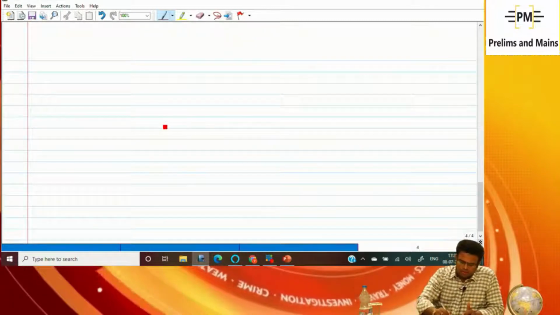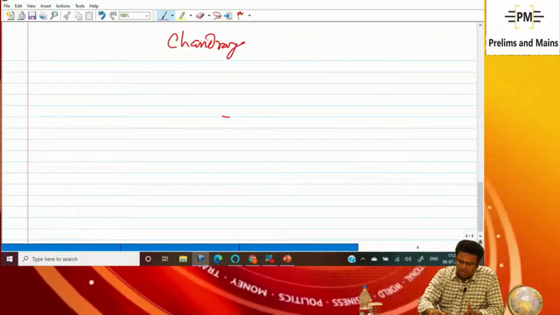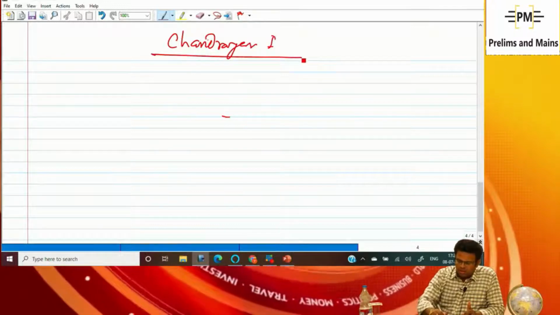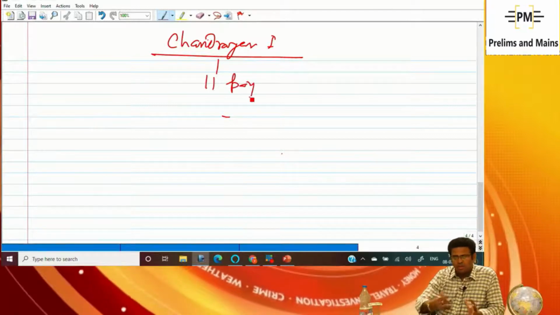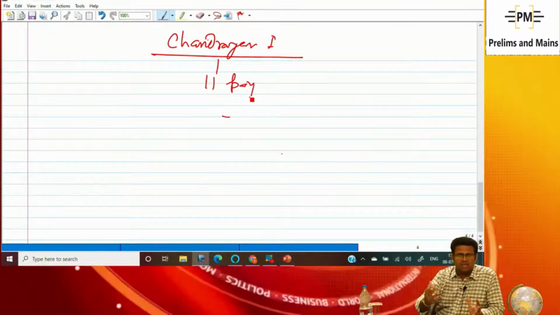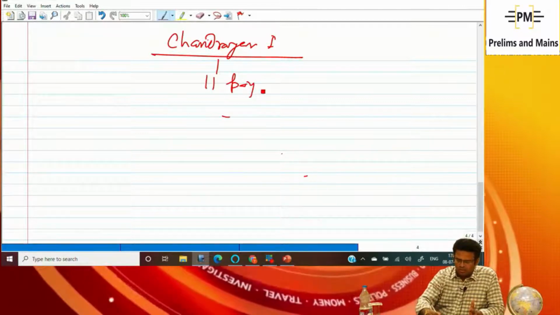Another point: in the Chandrayaan 1, 11 payloads have been sent, means within the satellite there are smaller things that have been sent, not only one payload.